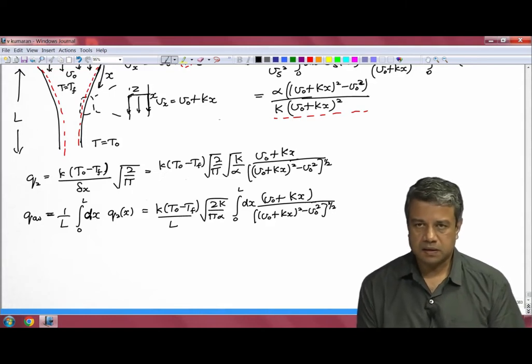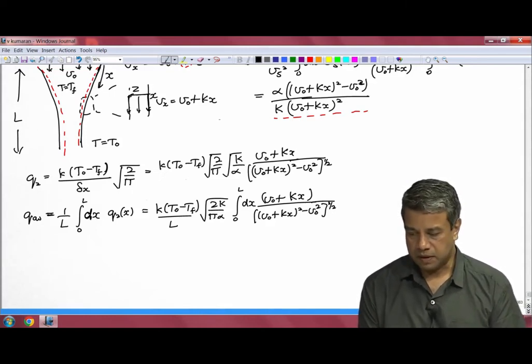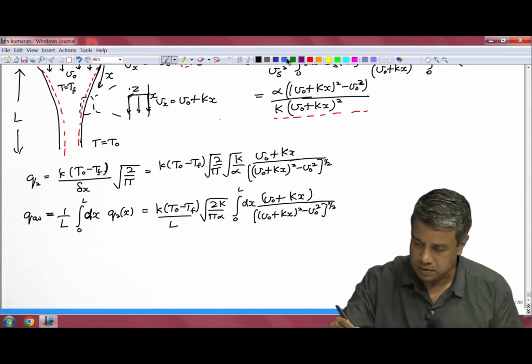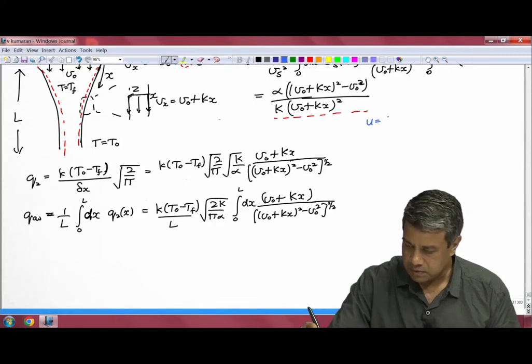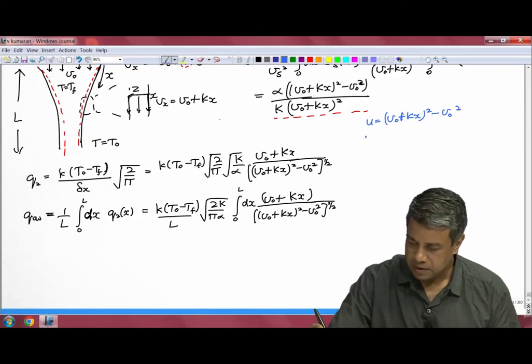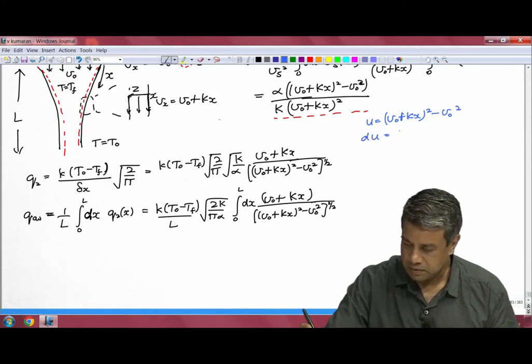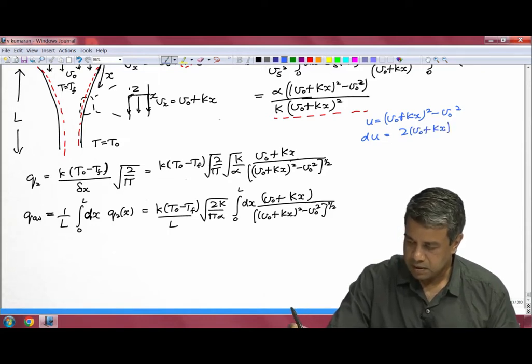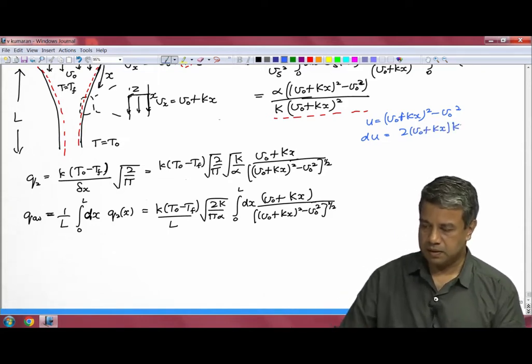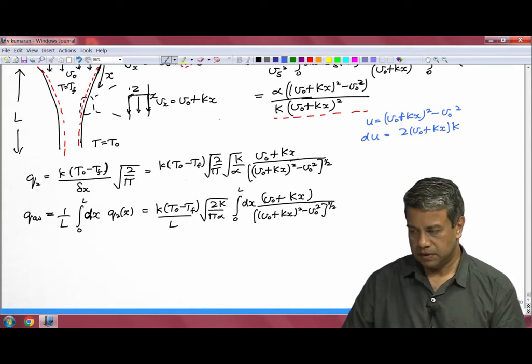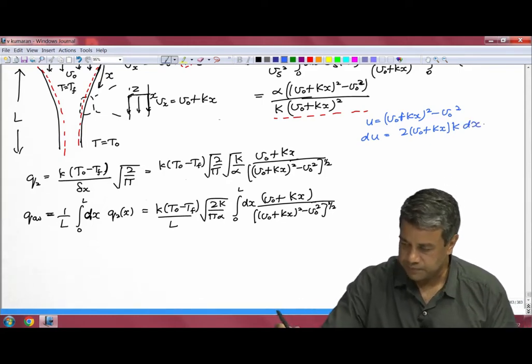And this integral can be done. You substitute u is equal to V naught plus kx the whole square minus V naught square, du is equal to 2 into V naught plus kx into k, derivative times dx.